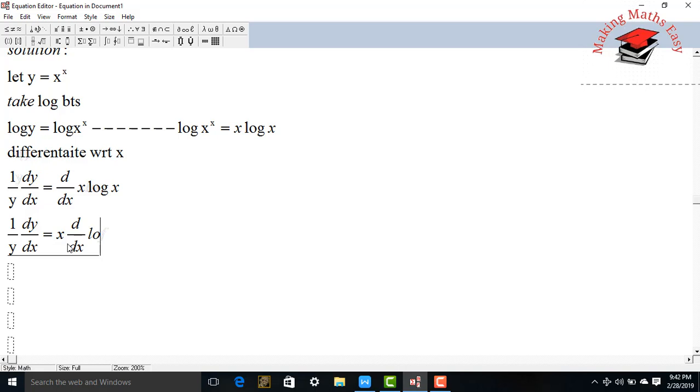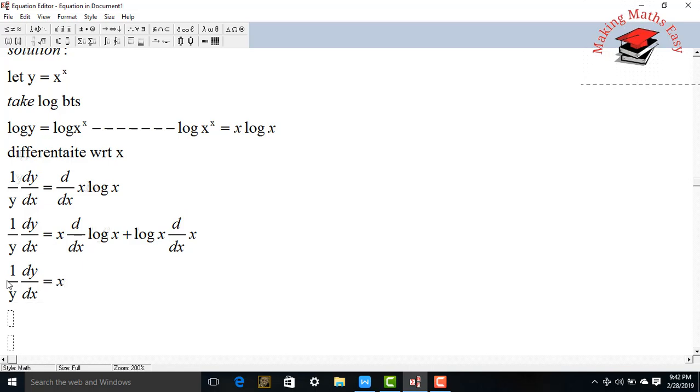So x into the log x derivative plus log x into the derivative of x. So UV rule we are using over here, but we have to differentiate it once more, because here it is asked to take the second order derivative of the corresponding function.